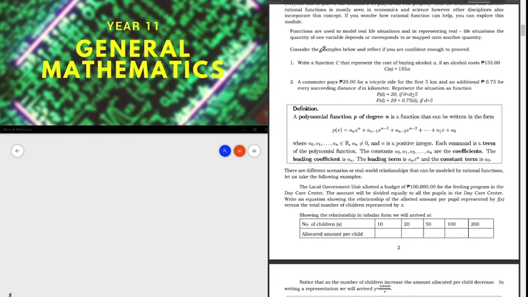Examples for rational functions: write a function C that represents the cost of buying alcohol A if an alcohol costs 1.5. If you want to know the price, you can represent this as a rational function. This A represents the number of alcohol that you're going to buy. Say for example, your A is 2, meaning you are going to buy 2 alcohol that cost 1.5 each.